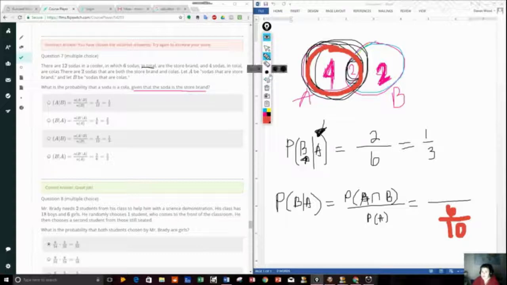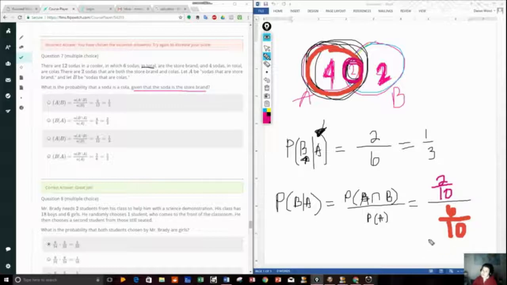And then what is the probability of A and B? Okay, well, we're looking for that intersection, which is right here. The intersection is 2 out of 10.